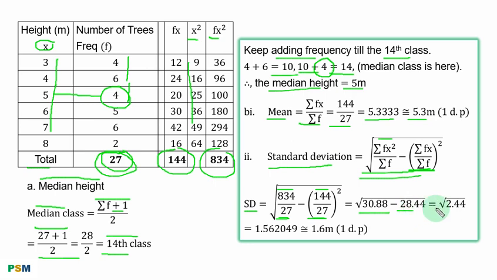When you subtract, you have this result. And when you find the square root, you have 1.56249. To 1 decimal place, the standard deviation is approximately 1.6 meters.